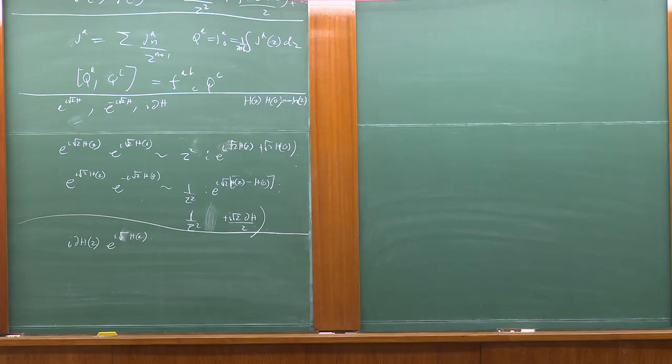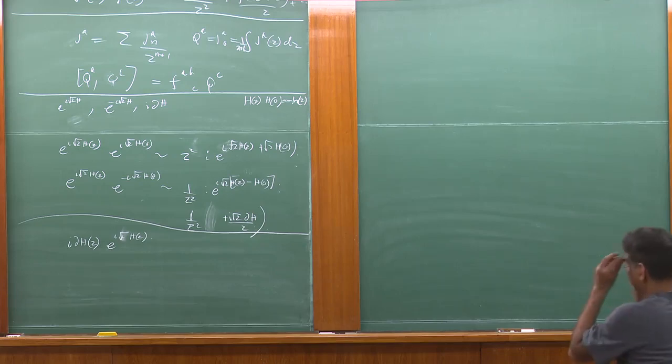The charge under this current was square root 2. So you know already that we're going to get a pole times the operator that we started with times the charge, which is square root 2. Okay, let's just check it anyway.